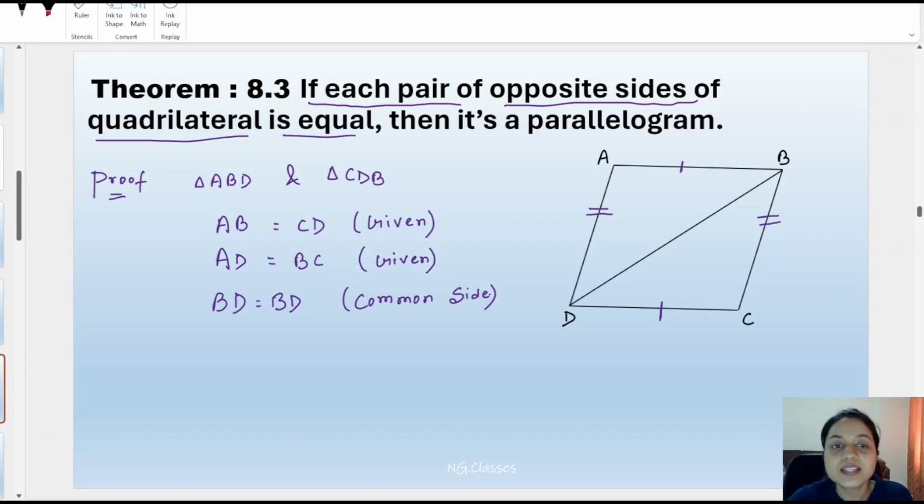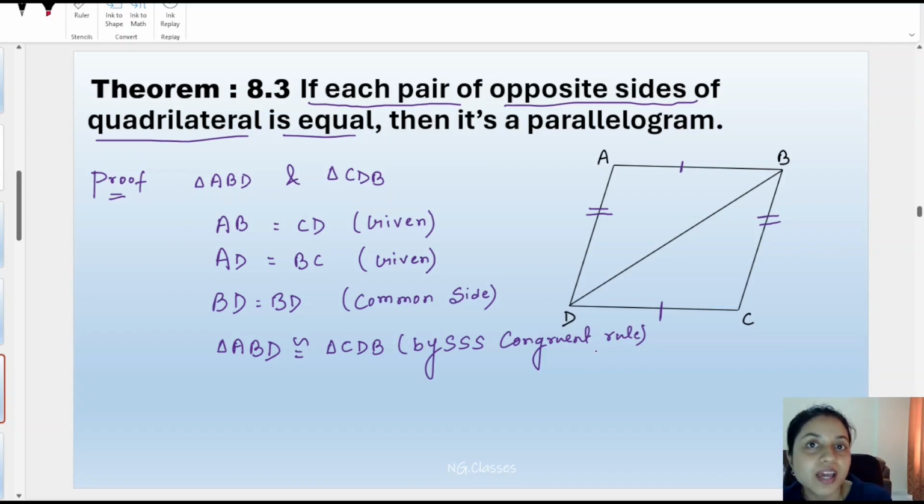Now from here we can say that triangle ABD is congruent with triangle CDB by the side side side congruence rule. Since these two triangles are congruent with each other, their corresponding angles and corresponding sides will also be equal to each other.